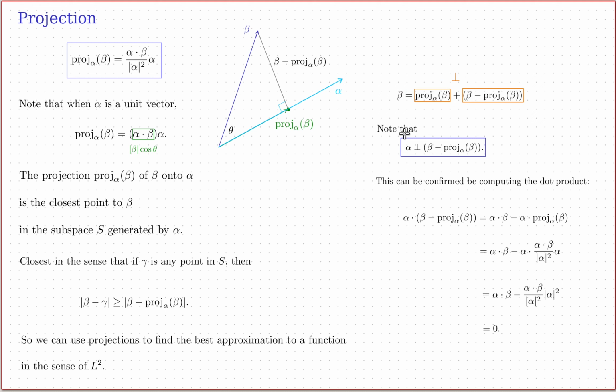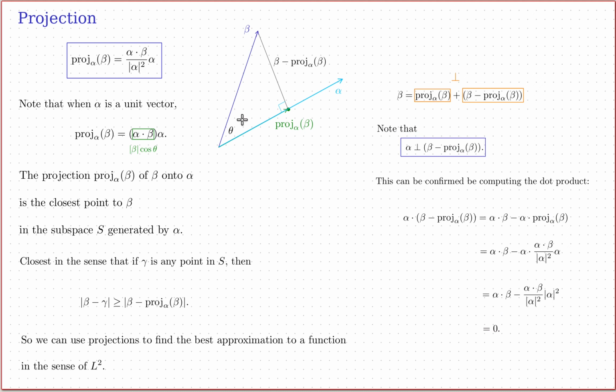Right? And in fact, it's easy to verify that this difference here, beta minus the projection, is in fact orthogonal to the original vector alpha, and therefore also to the projection itself. You can verify that very easily by computing the dot product. Just verify that when you dot alpha times this, and then use the linearity of the dot product, you'll be able to show that you end up with 0. So I won't go through that, but if you're interested, have a look.